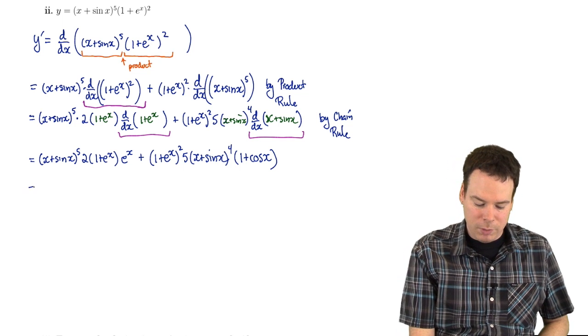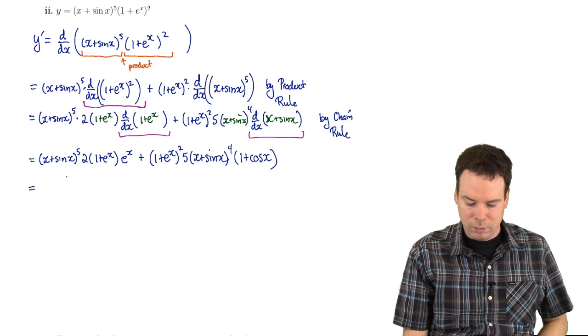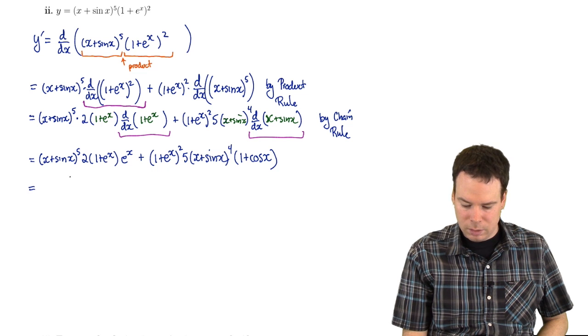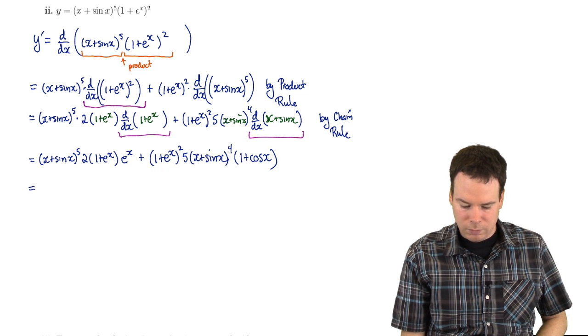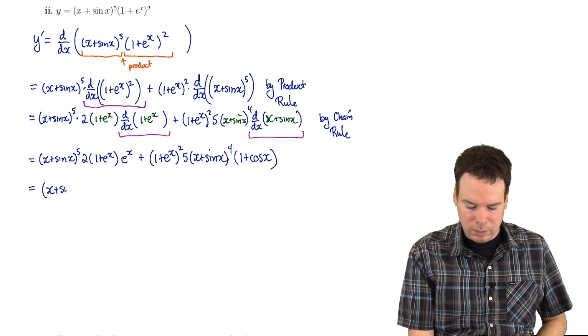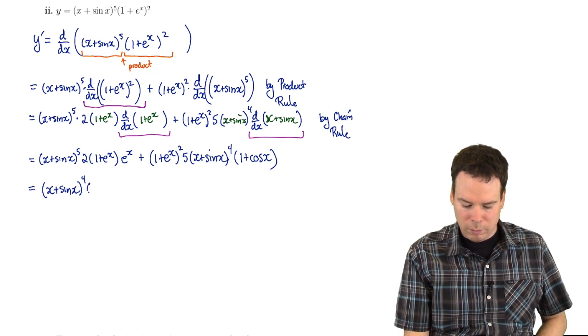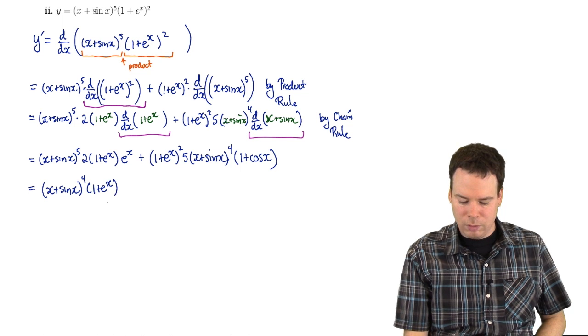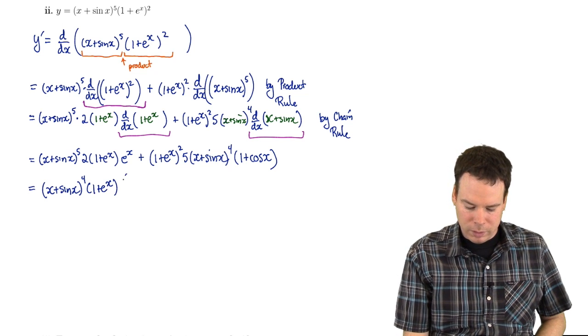There's some common factors, and we could probably pull those out. I notice that I've got an (x + sin x)^4 in common, and 1 + e^x to a single power. So I have an (x + sin x)^4. A (1 + e^x) can come out of each term. And what does that leave me with?